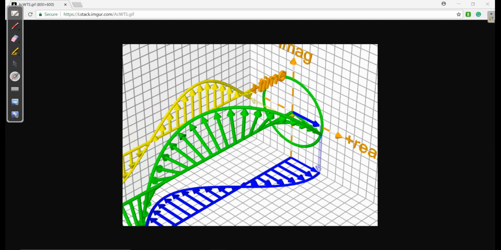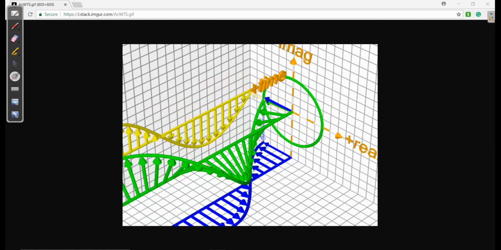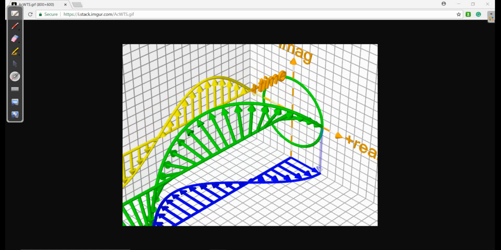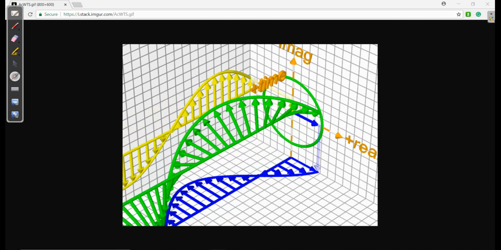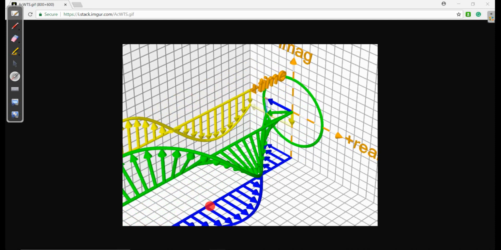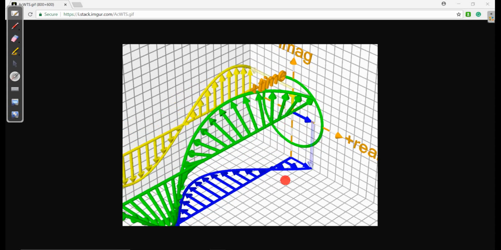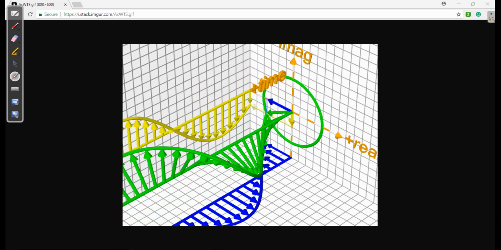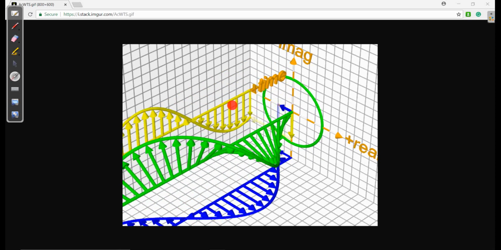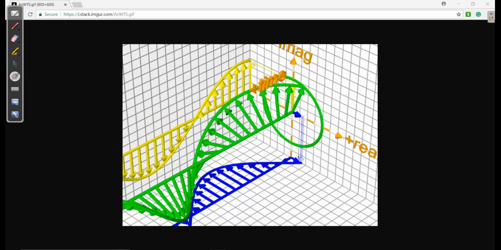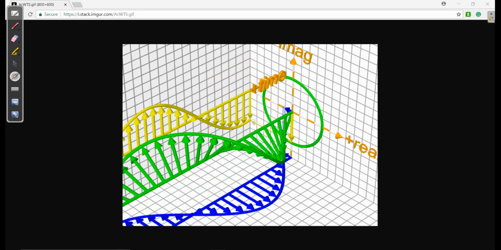If you look at the top view, the projection of this complex exponential onto the real axis, you can see this blue cosine function. And if you look at the projection laterally, we can see in yellow the sine wave that we are getting, that is the imaginary part.